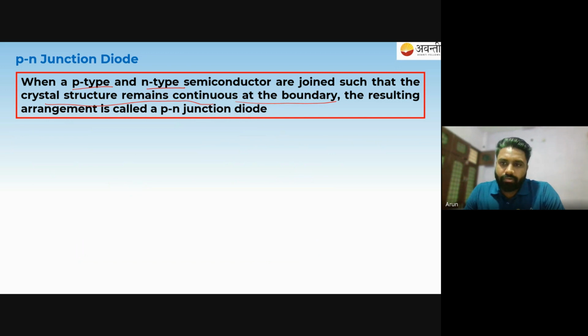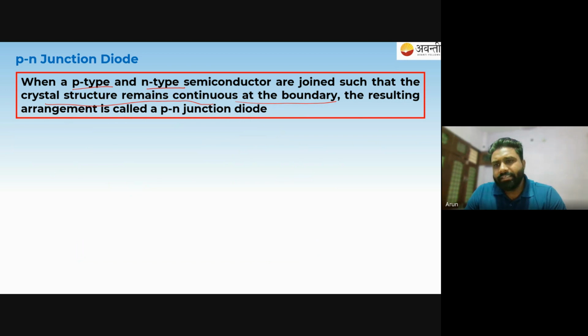Continuous at the boundary means there can be a flow of electrons to holes or holes to electrons, which means the majority or minority charge carriers can flow from the p-type semiconductor to the n-type and from the n-type to the p-type. That is the meaning of the continuous crystal structure at the boundary. This resulting arrangement is called the p-n junction diode.